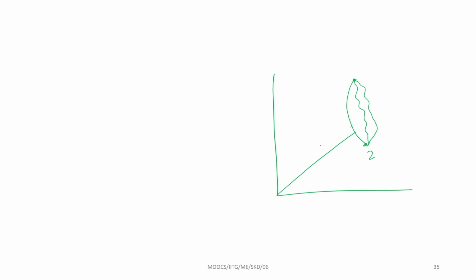If this is the true path, you can write its position as r I, and the position vector of any varied path can be written as r I plus delta r I. This is O, and you can take the x, y, z coordinate system and find the position vector.